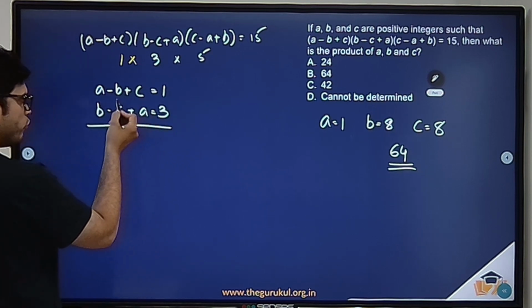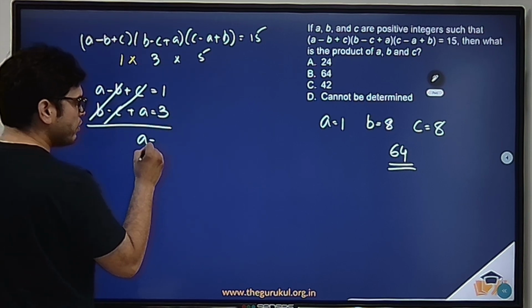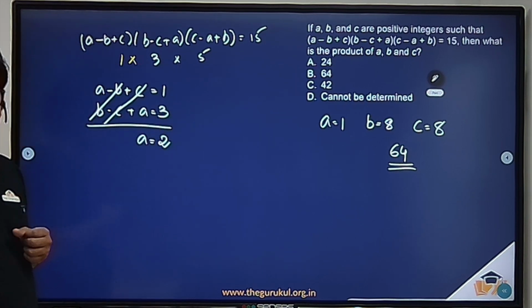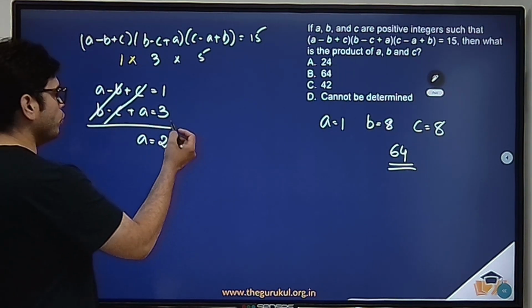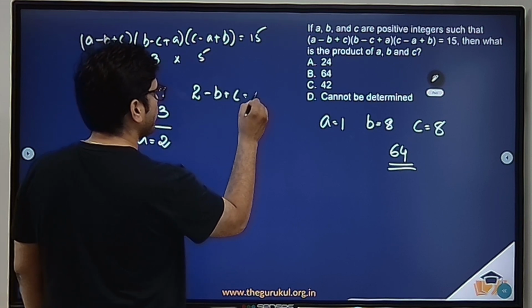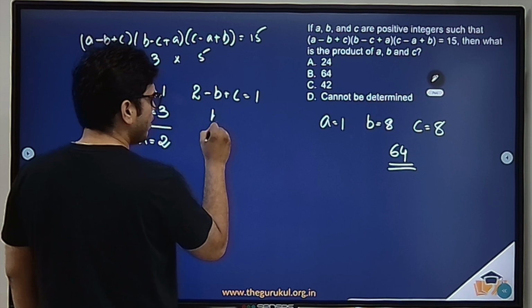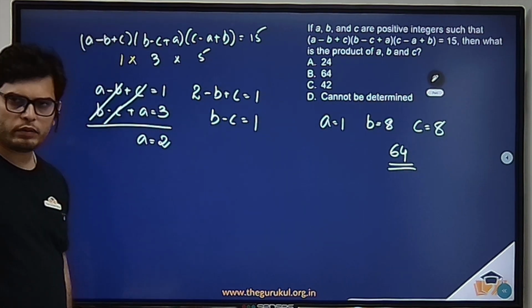If I add these two, we have 2a is equal to 4 or a is equal to 2. Now, if a is equal to 2, then 2 minus b plus c is equal to 1, or sending these two to the right hand side, b minus c is equal to 1.